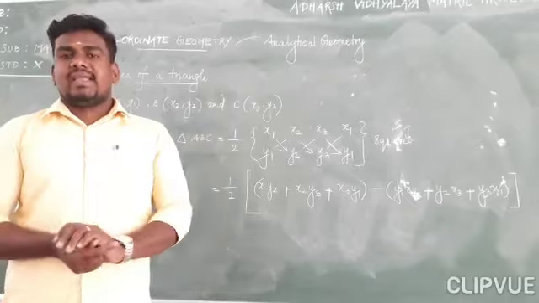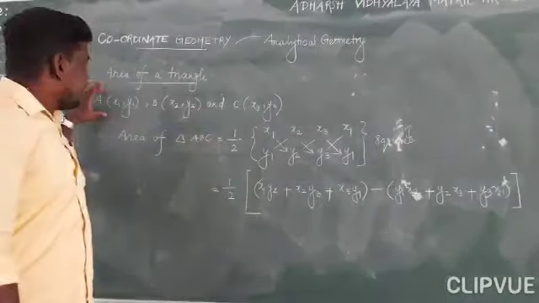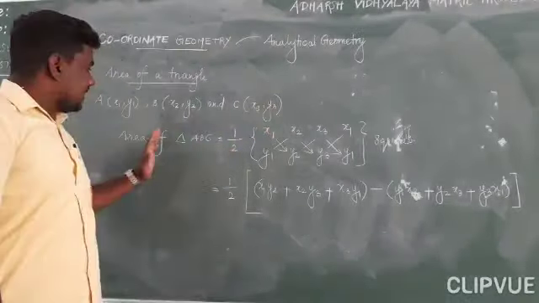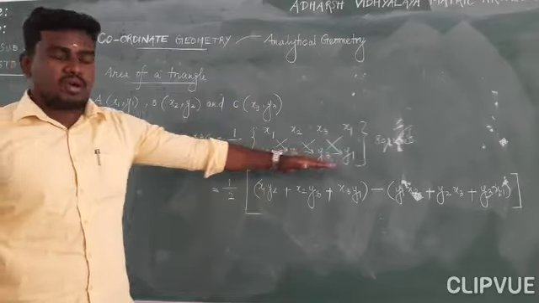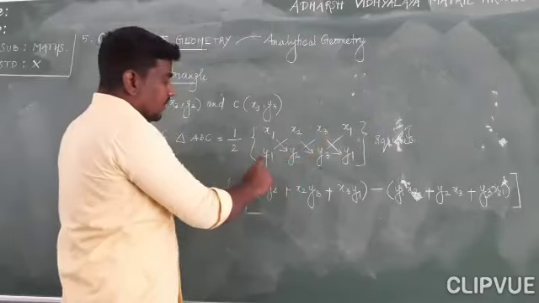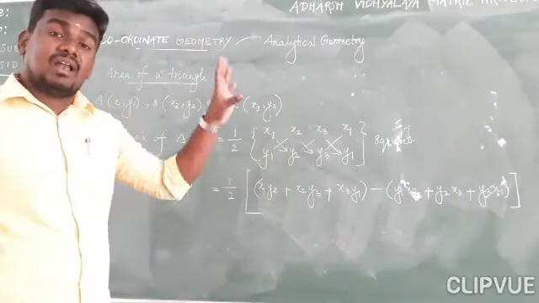So if they ask to find the area of a triangle and three vertices are given, you have to take A (x1, y1), B (x2, y2) and C (x3, y3). Area of triangle ABC is equal to half into this formula. First you write x1, x2, x3, again x1, and y1, y2, y3, y1. This is called the cross multiplication method in algebra.